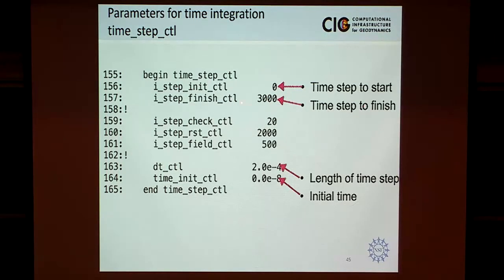The end step number is defined here, and then the increment for the original time sequence data is pretty fine. Restart data we don't have to output so often because it's pretty big. Field data is also big, but output a little bit more often. So we can set a different time increment for each data output.